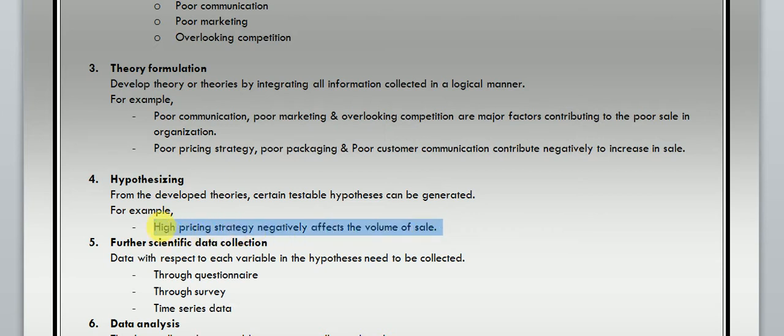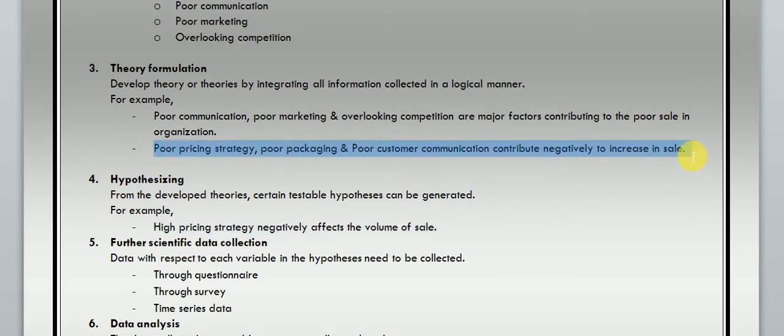And from where are you taking this hypothesis? From this theory. In this theory we have poor pricing strategy, and a poor pricing strategy can be a high pricing strategy. For example, in your market, all the competitors are setting a low pricing strategy, and you are selecting a high pricing strategy.